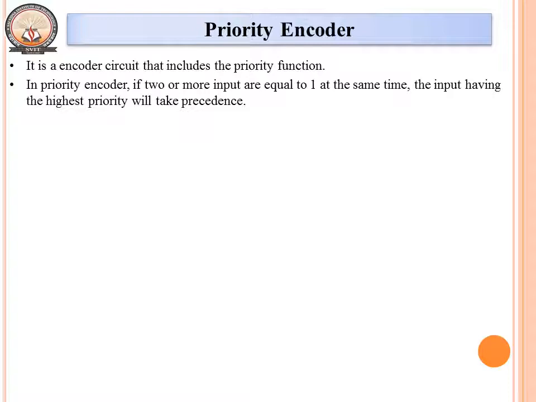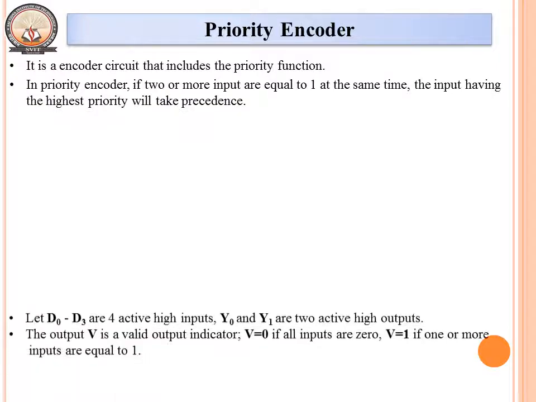It includes a priority function wherein, out of the 4 input lines, any one line will be given the highest priority, and the others will have less priority as compared to that, and so on. In this case we are designing a circuit in which MSB has the highest priority and will be given more importance compared to all other inputs.